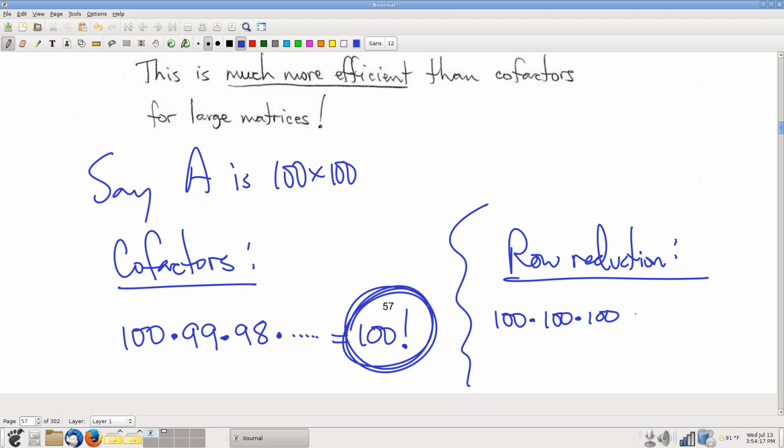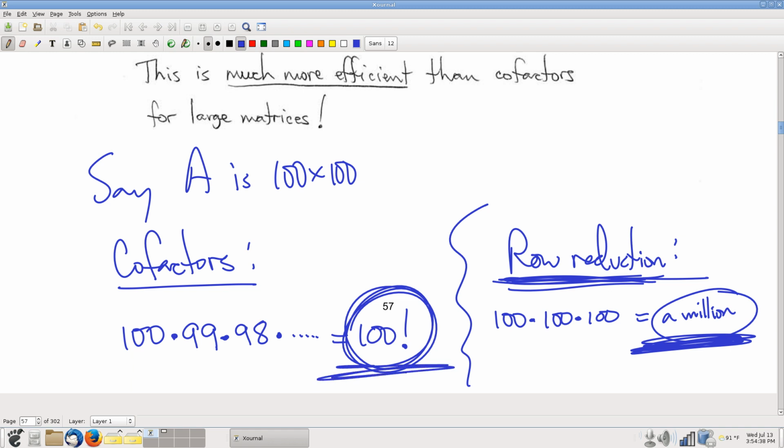So that's about a million. Right? Order of magnitude, we'd have about 1 million calculations to do to compute the determinant of a 100 by 100 matrix using this row reduction method. So we have what is for a computer a snap of the fingers versus what is, even for a computer, completely intractable.